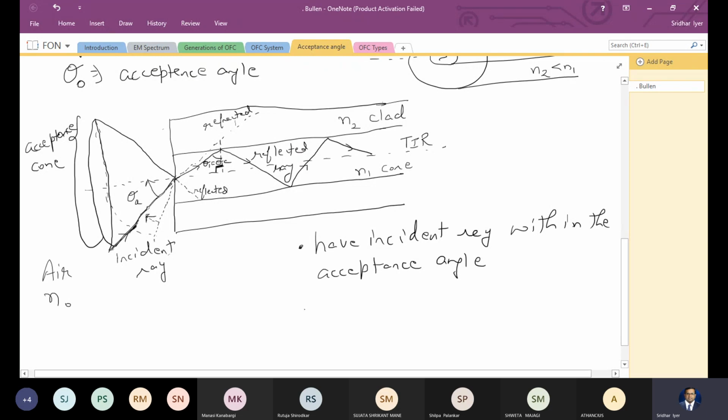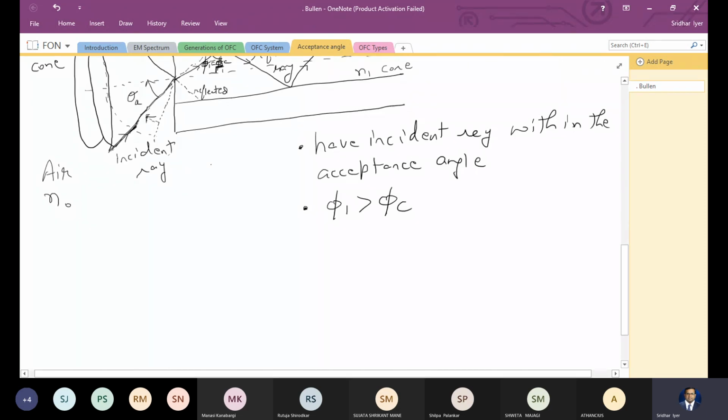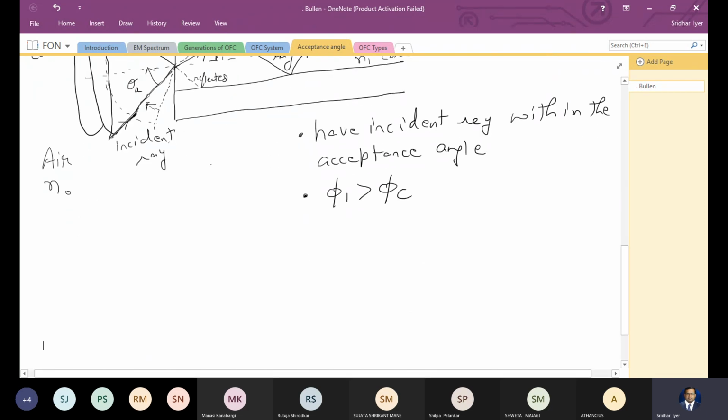If this is satisfied, then I'm going to have phi 1 greater than phi c, right? So this will be your angle here, phi 1 greater than or equal to phi c. At the critical angle, we want to exceed it, right? If this does not happen, then some part of the ray is going to be refracted outside, right?